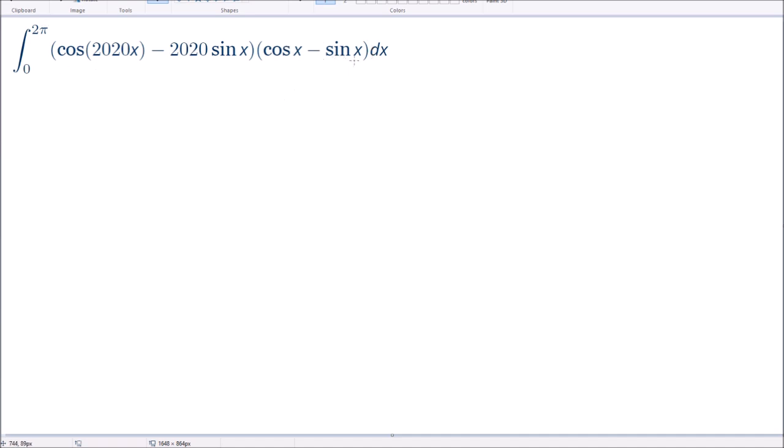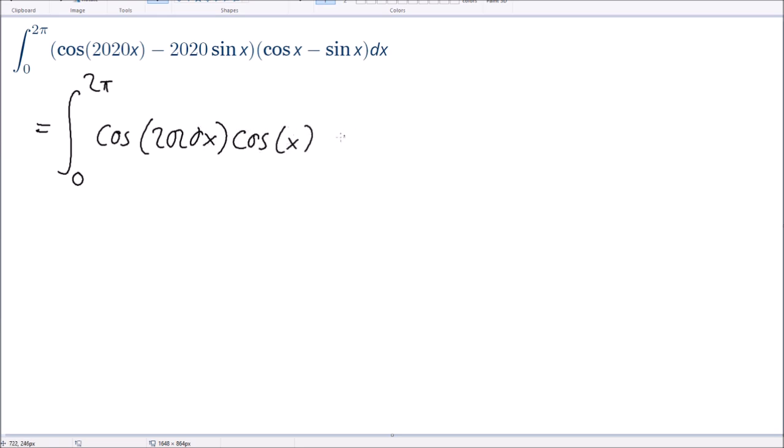So what we actually have is that this is just cosine 2020x cosine of x, and then plus 2020 sine squared. And that's pretty much it.